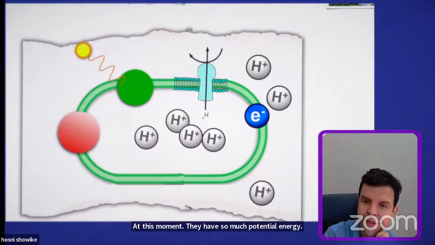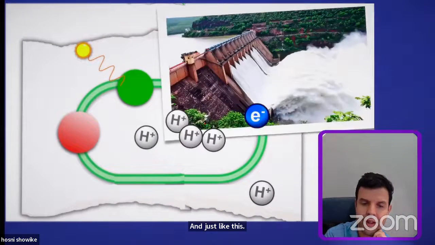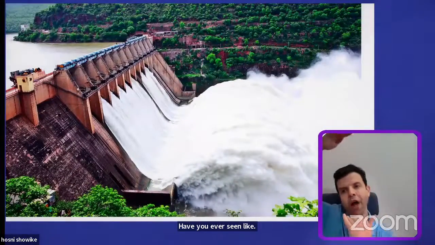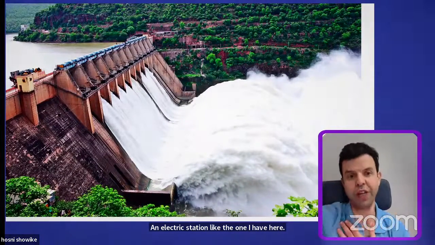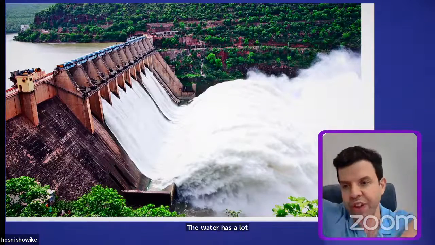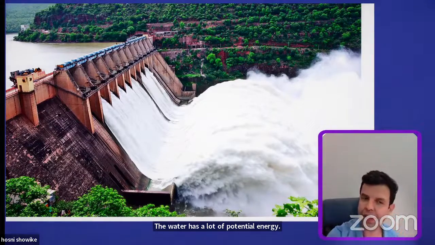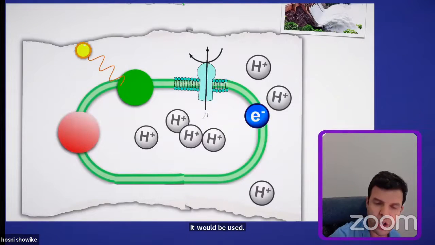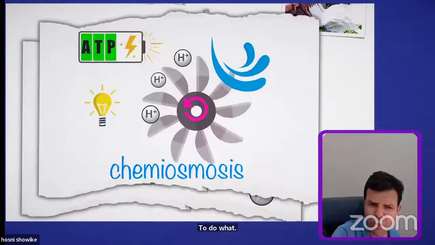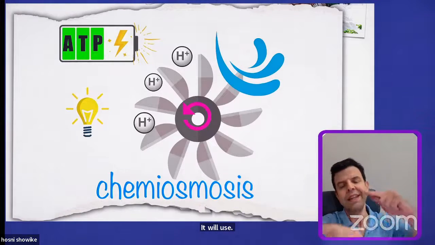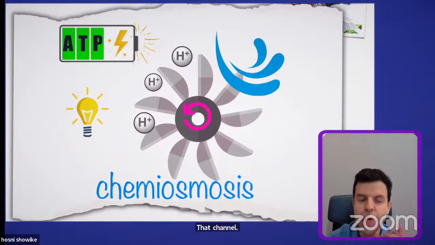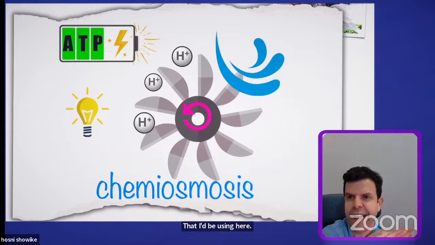And just like this, if you have ever seen an electric station like the one I have here, the water has a lot of potential energy. If I could just let it drop down, it would be used to do what? It would be used to generate electricity. I don't want to generate electricity here. That channel that I'm using here will be used to generate ATP.